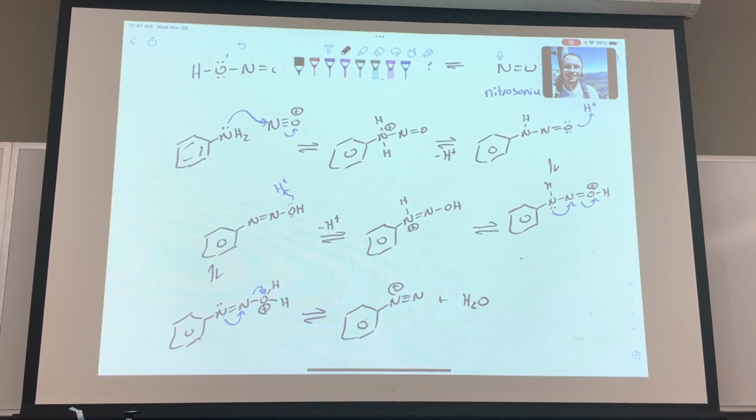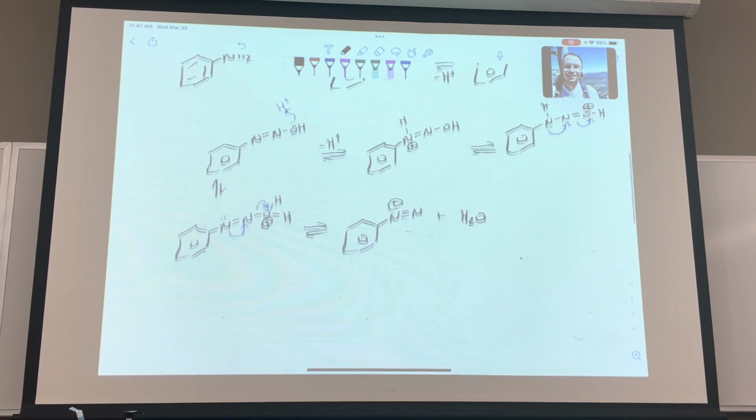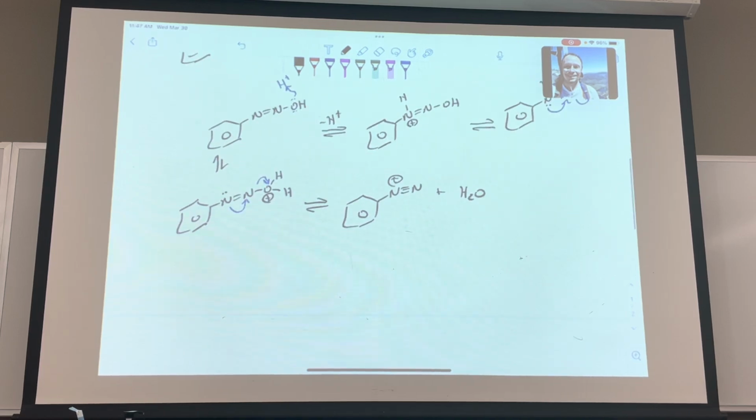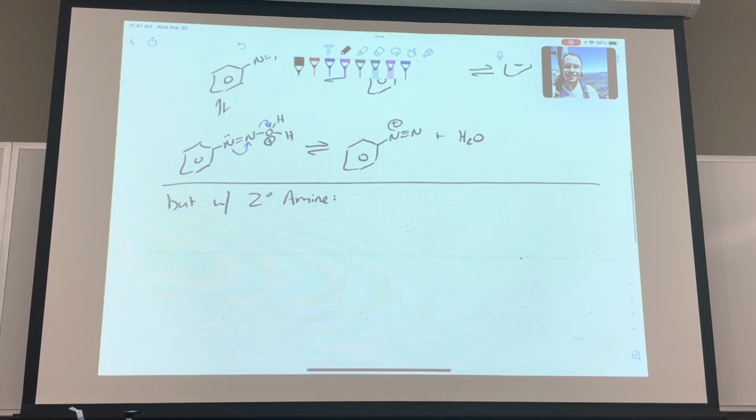So instead of dealing with aniline, let's deal with this one.